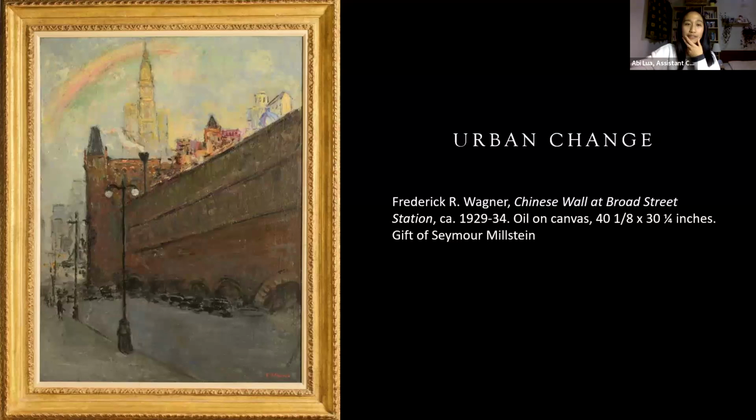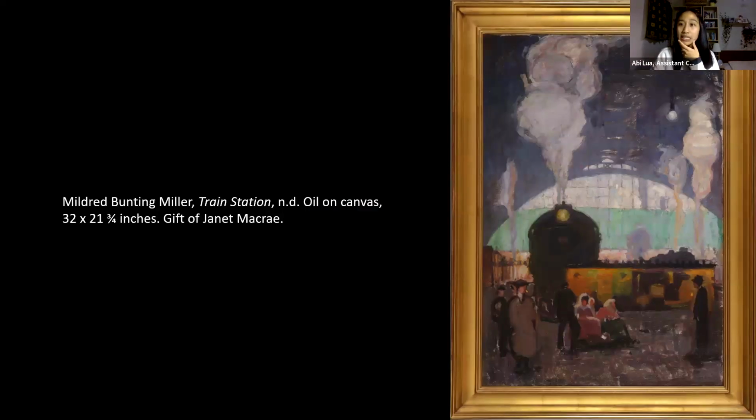But I think also, I really enjoyed reading the life of Mildred Bunting Miller. So if anyone is interested, we have a library at the Michener, and it's by appointment only. But we have in our library collection a biography of Mildred Bunting Miller. And as I was preparing to write the labels for the train station, previously we were planning to have another painting by her on display, but we ended up nixing it from the checklist. I read through the biography, and it was very interesting to really get to know what a person was thinking and what their upbringing was.